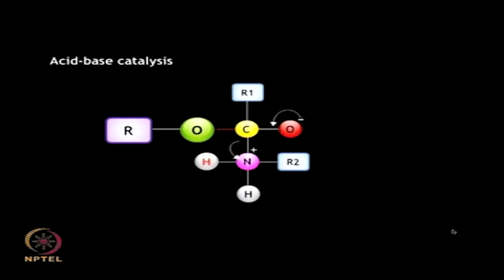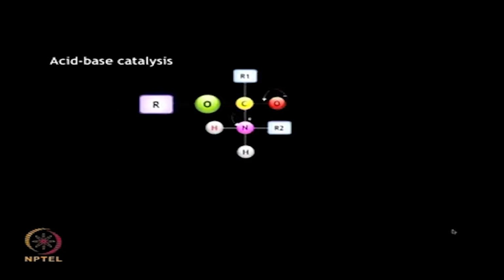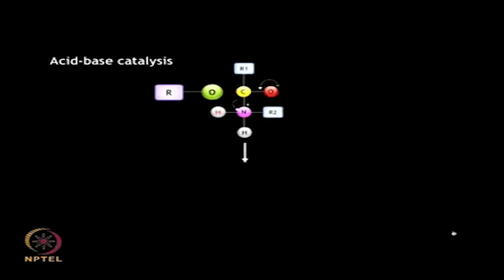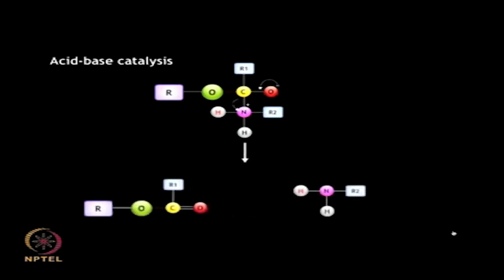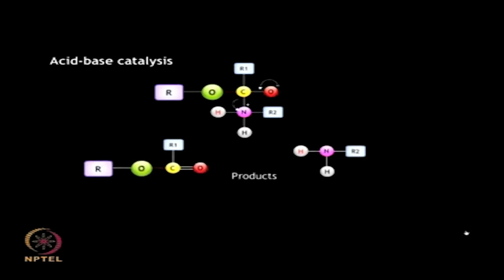Acid-base catalysis is a common mechanism of action employed by many enzymes. It is often used in combination with another mechanism such as covalent catalysis. The ease of stabilization of charged intermediates by the amino acid side chains helps in lowering the activation energy for product formation.